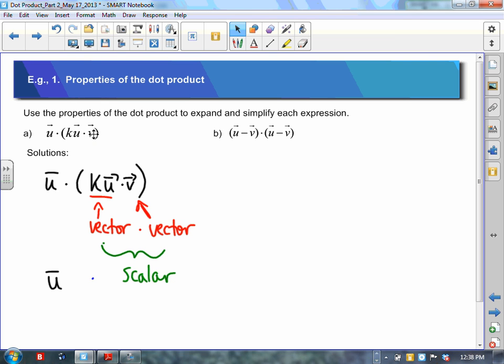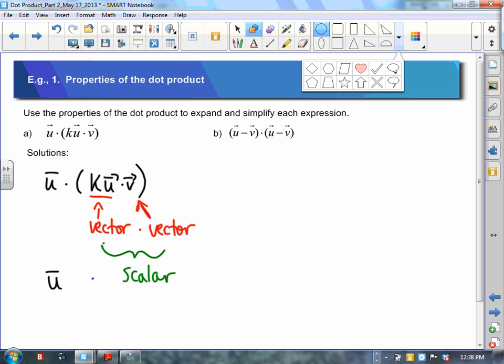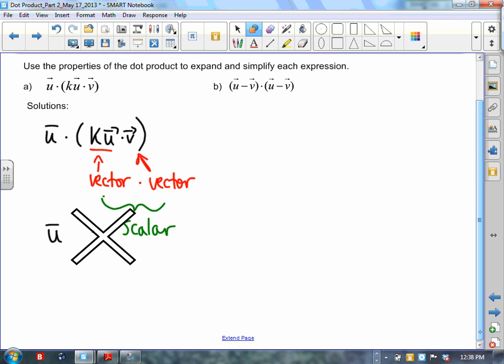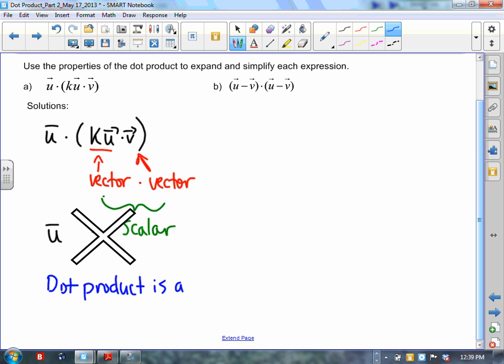So it's just not possible. I'm just going to grab an X here and just say that that's a no-go. The reason why is that the dot product is a vector operation that produces a scalar.